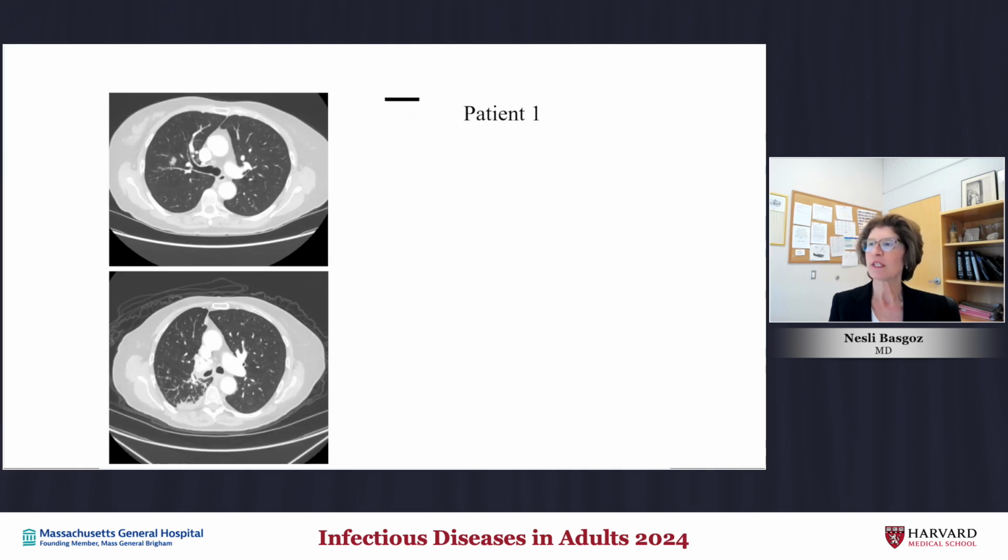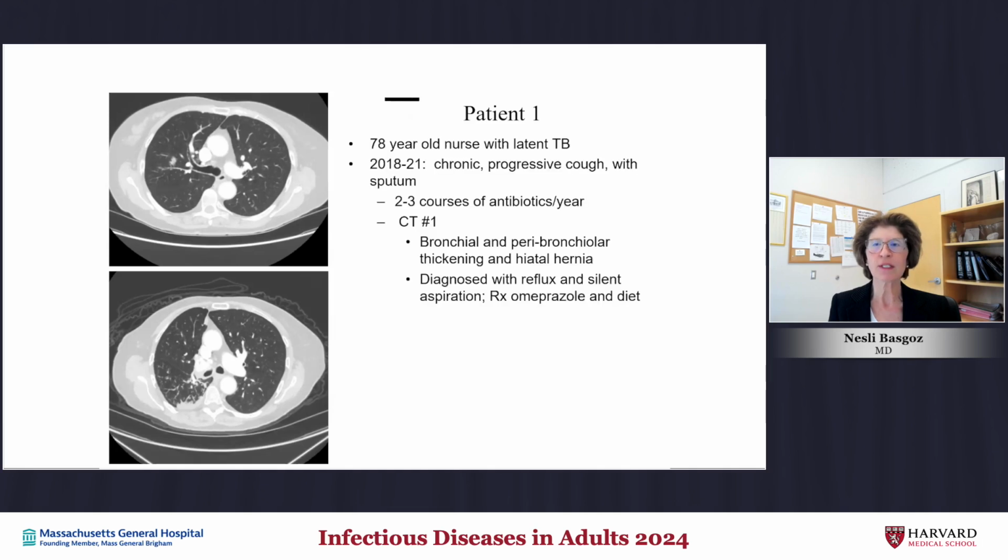This is a recent patient who's a 78-year-old woman, and her history is that she's a nurse, and she converted her tuberculin skin test in the 1960s when she was working abroad. She's never been treated for latent TB. Since 2018, she's developed a chronic progressive cough with some sputum production and is treated with 2 to 3 courses of antibiotics a year.